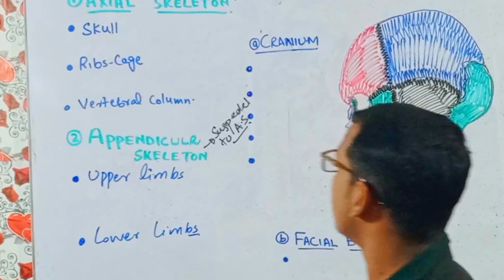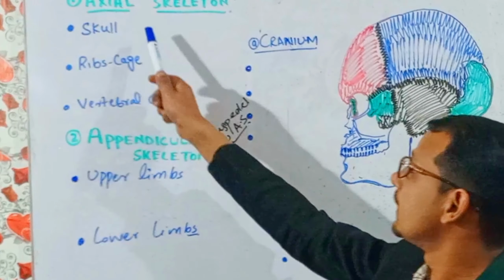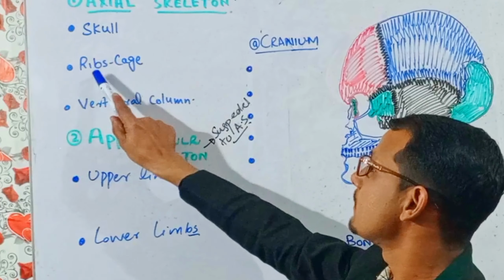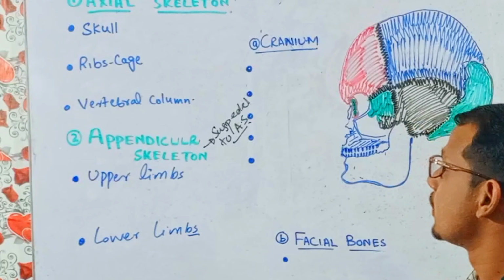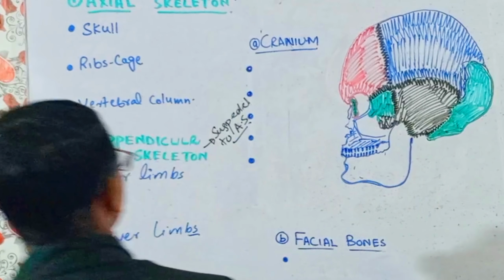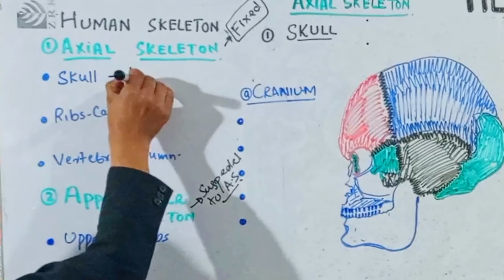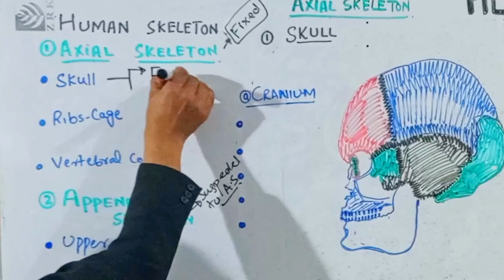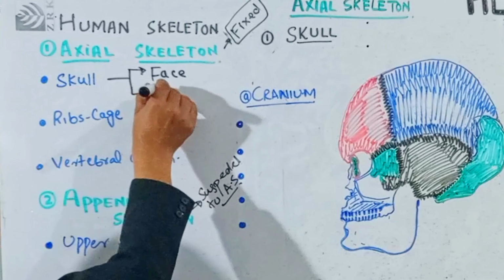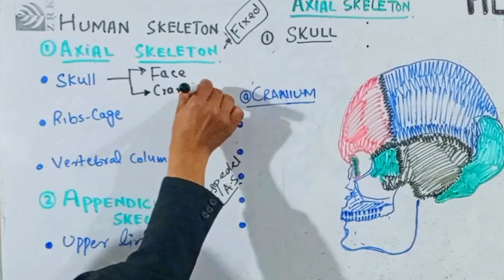Now in today's lecture we will focus only on the axial skeleton: the skull, the ribs cage, and the vertebral column. The skull is further divided into two parts, the face and cranium.